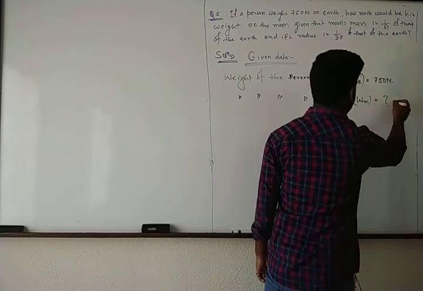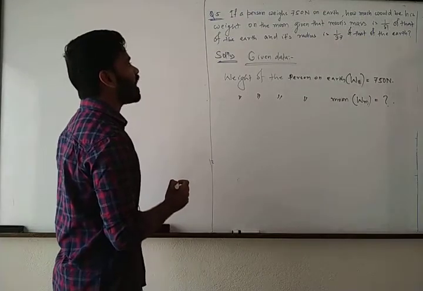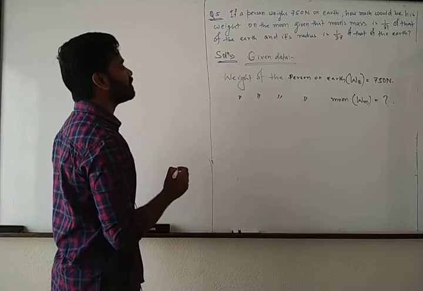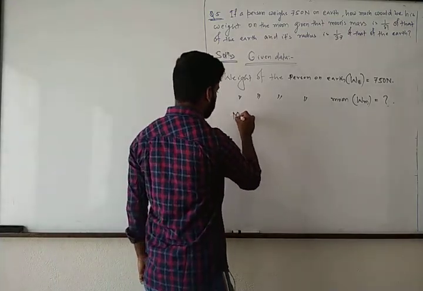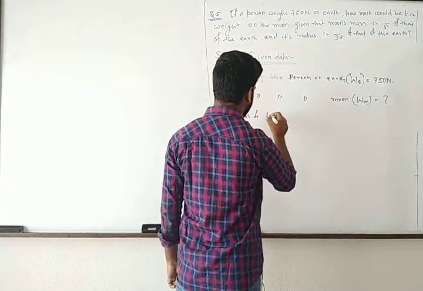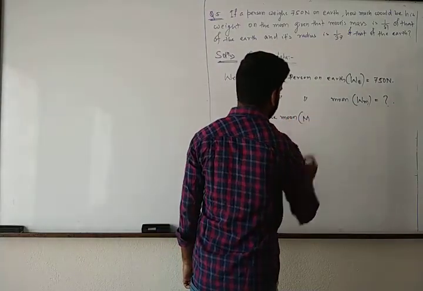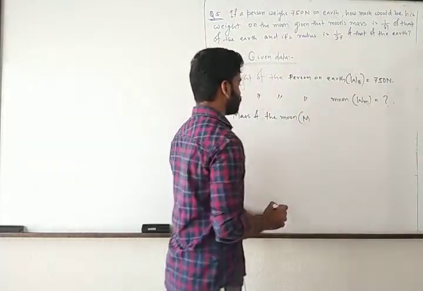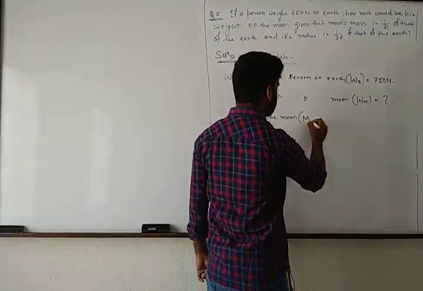And it is asked. Now, given that moon's mass is 1/81 times the mass of the earth. So, mass of the moon is also the given data. Let it be mass of the moon. That's why I am representing it with a capital M subscript small m.